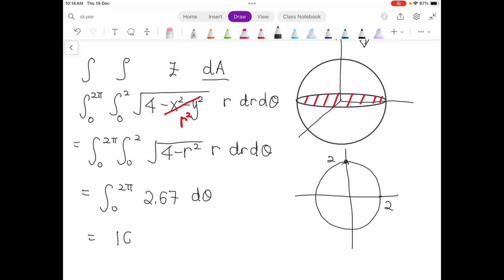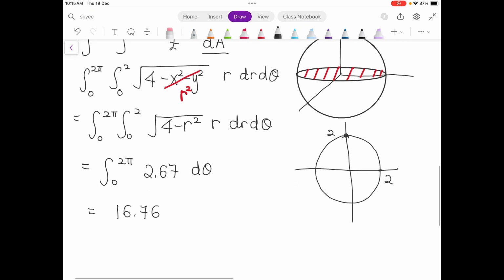So we have 16.76. Okay, 16.76. This one represents the flux coming out from half of the sphere. That means this is the flux coming out from the upper hemisphere.